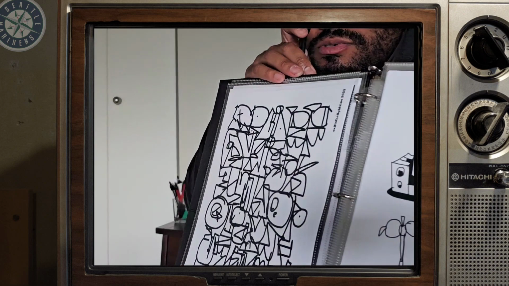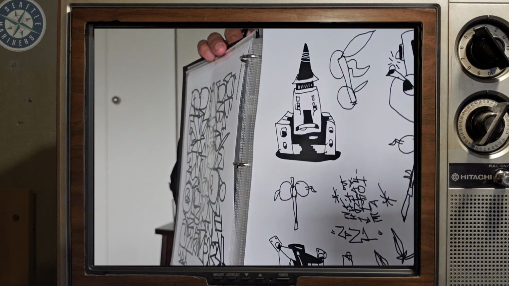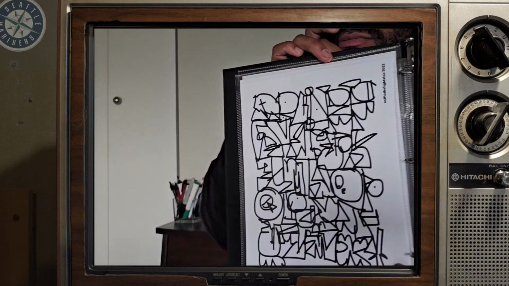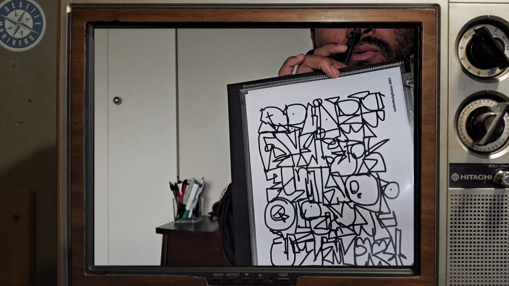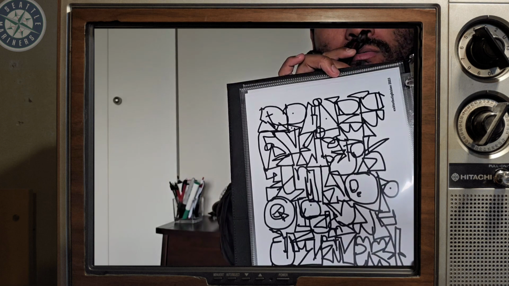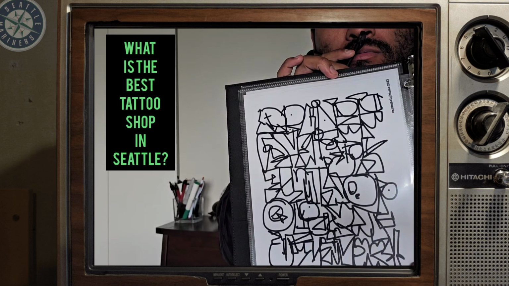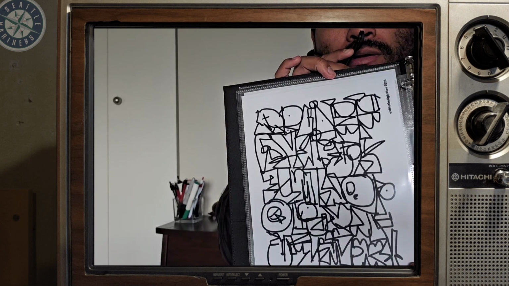I want to get this one done, or actually both of these. I plan on getting both of these done. I don't know which tattoo shop, but somewhere in Seattle. That's the plan.